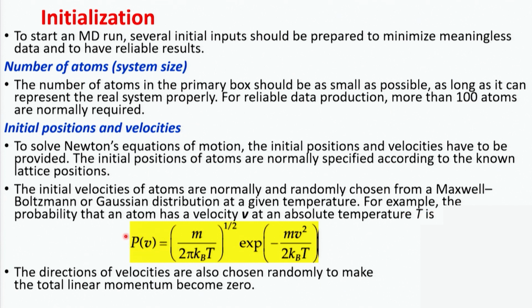Okay, so this is the probability of having the velocity v, given by (m/2πk_BT)^(1/2) exp(-mv²/2k_BT), where k_B is the Boltzmann constant. Okay. The directions of velocities are also chosen randomly to make the total linear momentum become 0.